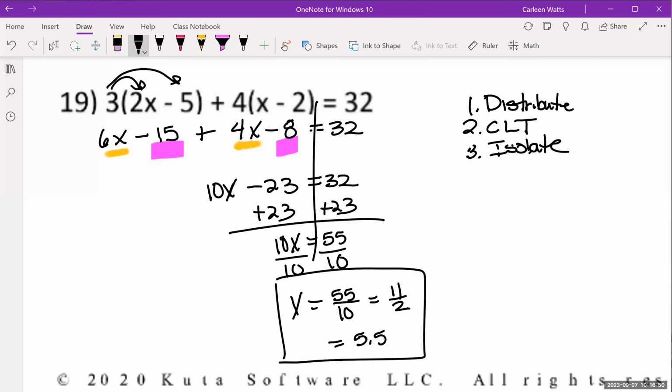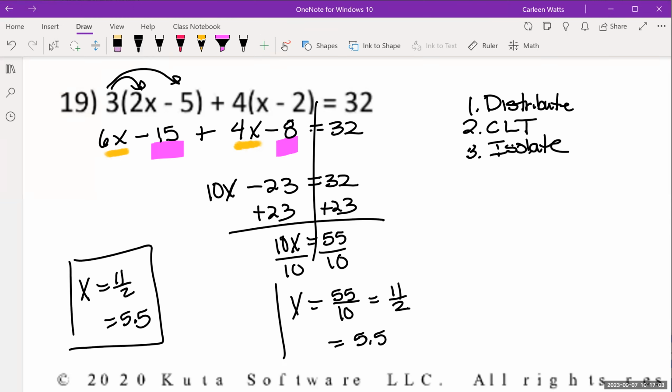So not this one, because you have to reduce. So x is 11 over 2 or 5.5, whatever the directions say. I don't want to box that one because it involves an unreduced fraction.